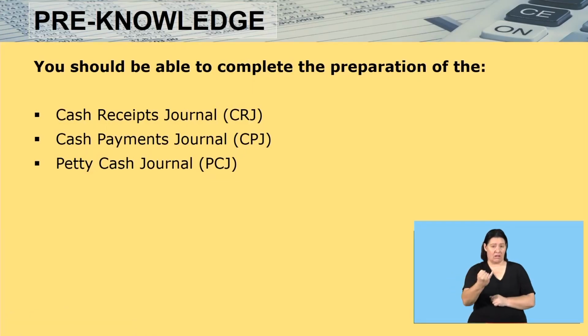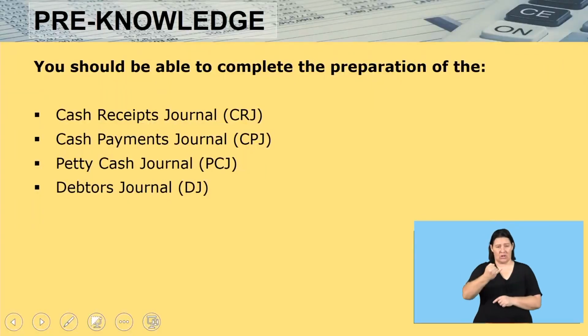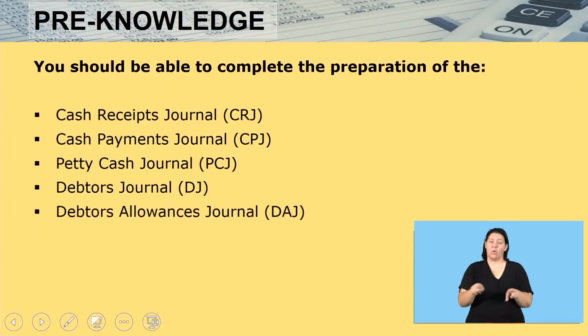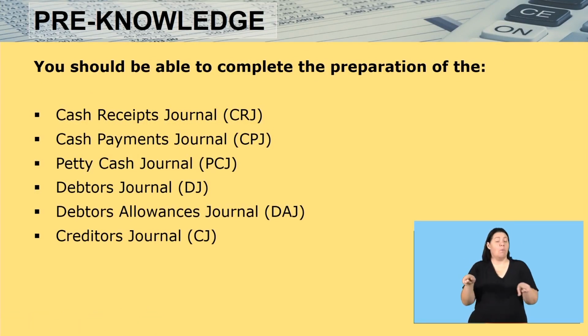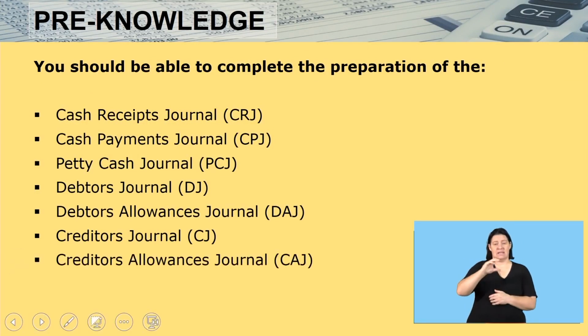The petty cash journal was already done, so at this point, you already know the petty cash journal. You already know the debtors journal, and the other one is your debtors allowances journal. At this moment, again, you should be knowing your creditors journal as well as your creditors allowances journal.